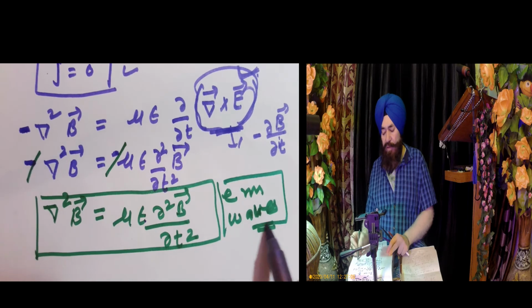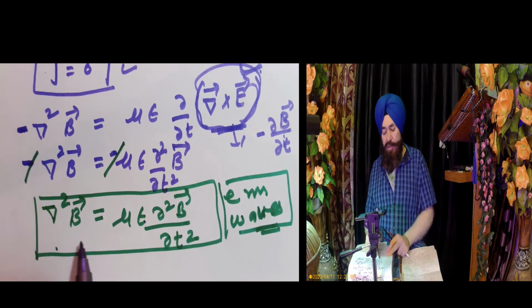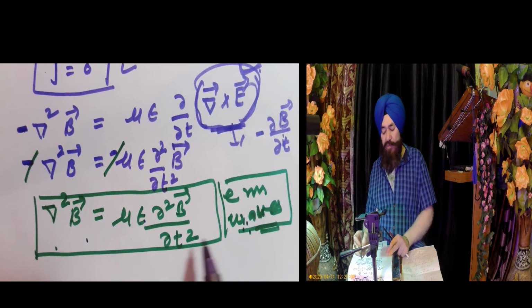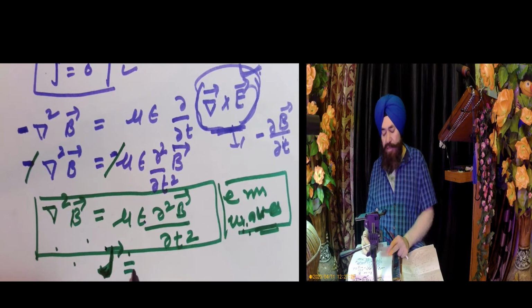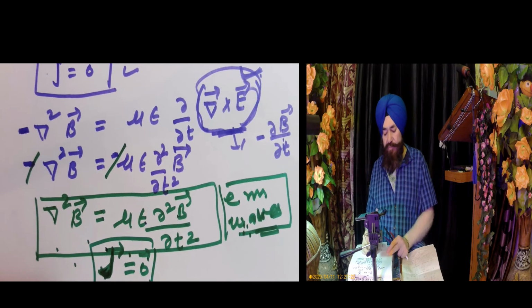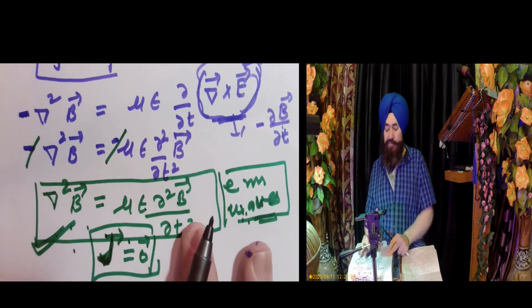Okay. Equation of magnetic field of EM waves propagating in a medium where there is no current density, where the current density is 0 vector. In that medium.